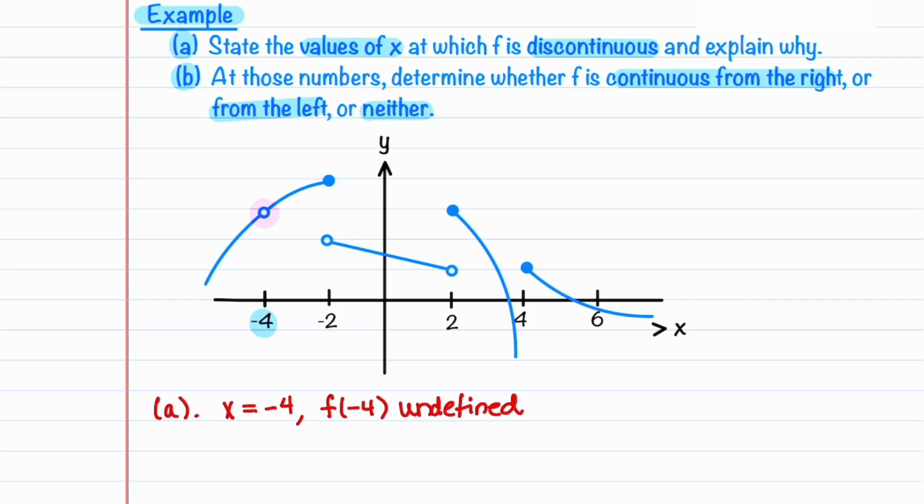Let's now look at x is equal to minus 2. At this point, our function value exists. However, the limit from the left does not equal the limit from the right. So let's go down here and let's write x is equal to minus 2. The limit as x approaches minus 2 of f of x does not exist.